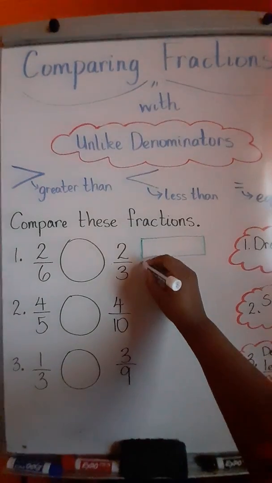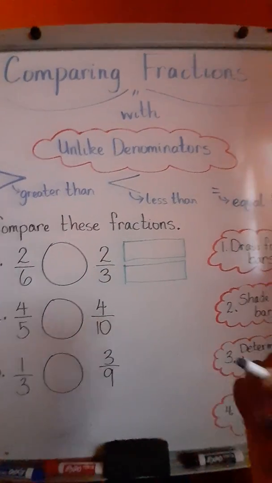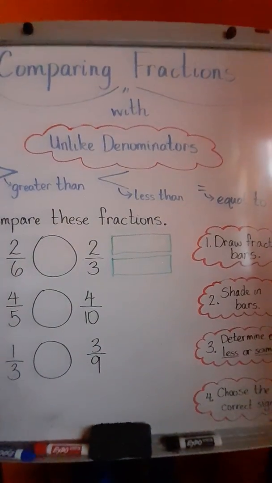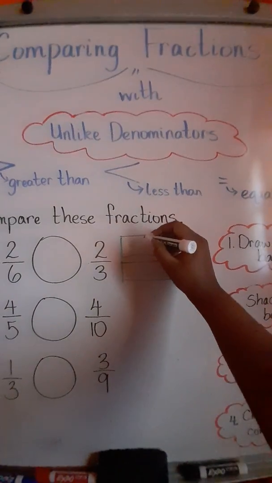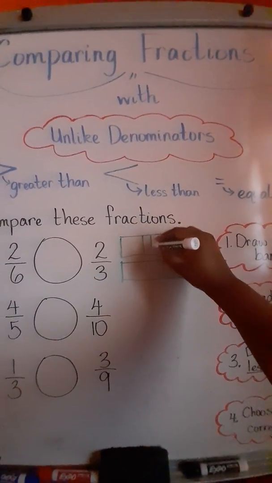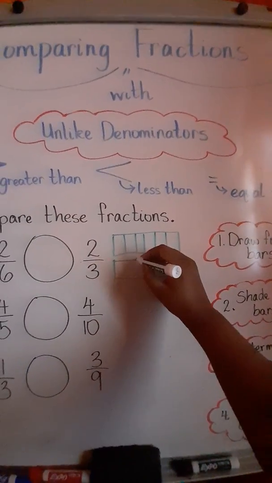When drawing your bars, it is very important that your fraction bars be the same size, the same length, and that you make the parts as equal as you possibly can. So our first fraction is going to have 6 parts. And the next fraction bar is going to have 3 parts.